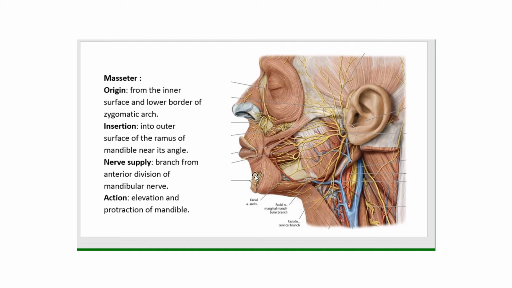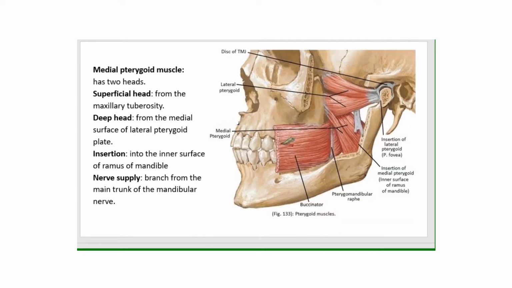All these 3 sentences have the same meaning. It also protracts the mandible. The nerve supply of the masseter muscle is by a branch from the anterior division of mandibular nerve.